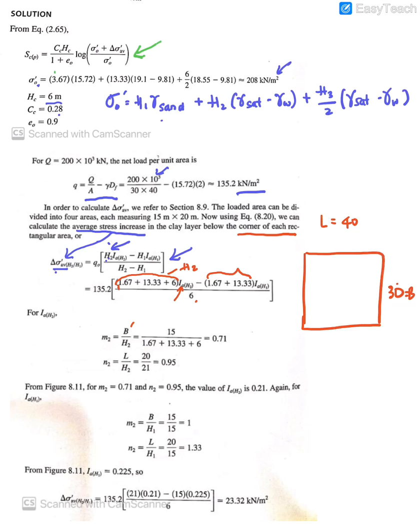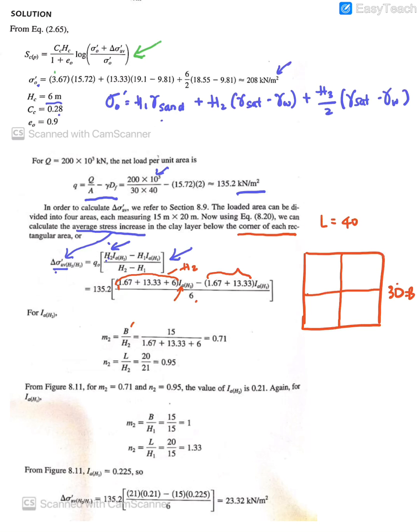If you want to calculate the average stress at the corner, you have to consider B prime.